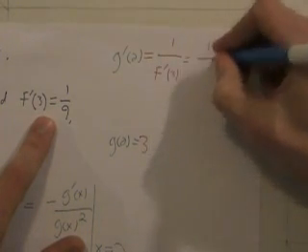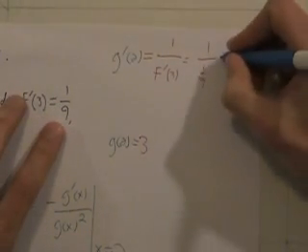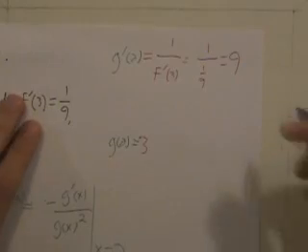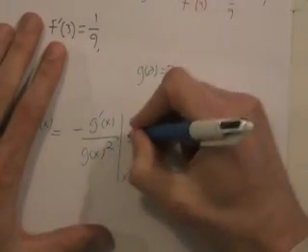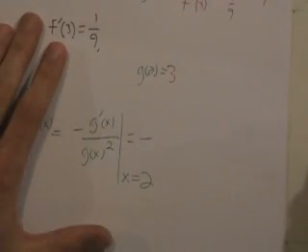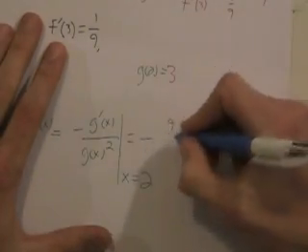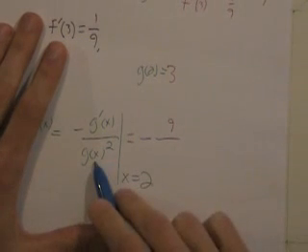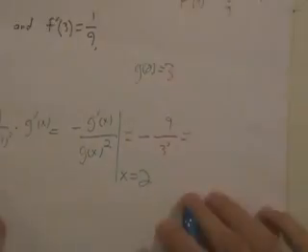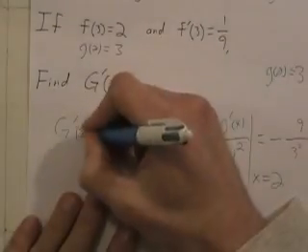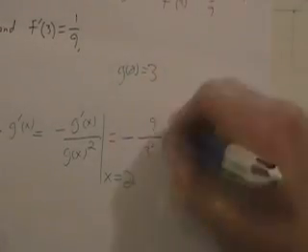So this is 1 over 1/9, or 9. And once we have g prime of 2 and we have g of 2, all we have to do is plug it in, and that'll be minus g prime of 2, which was 9, divided by g of 2 squared, which is 3 squared. And so the answer, big G prime of 2, when you finally plug it in and work it out, is -1.